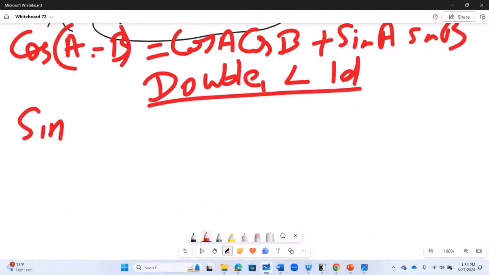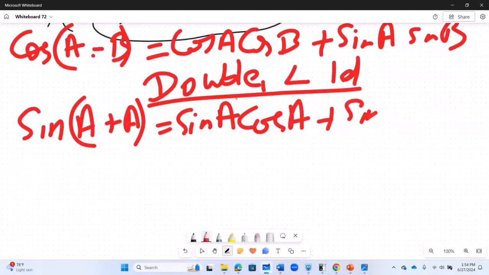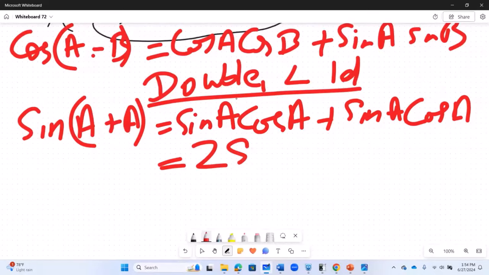Okay, and that means sine A plus A again. Sine A plus A is sine A cos A plus sine A cos A, which is the same as 2 sine A cos A. So very soon you will be given an equation and you are given sine.